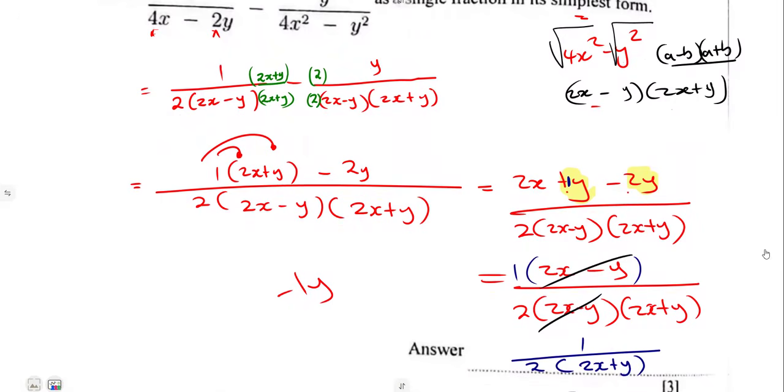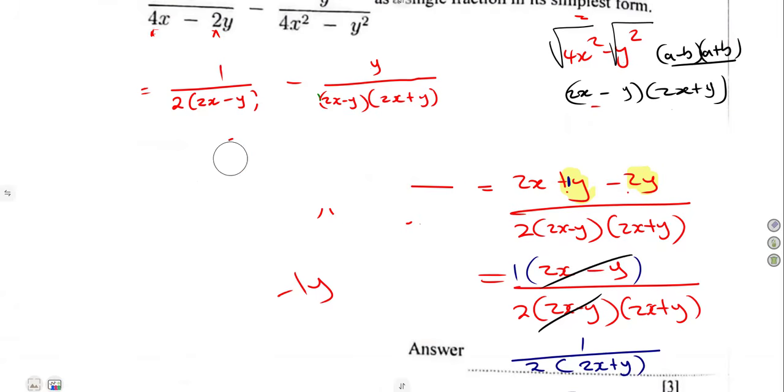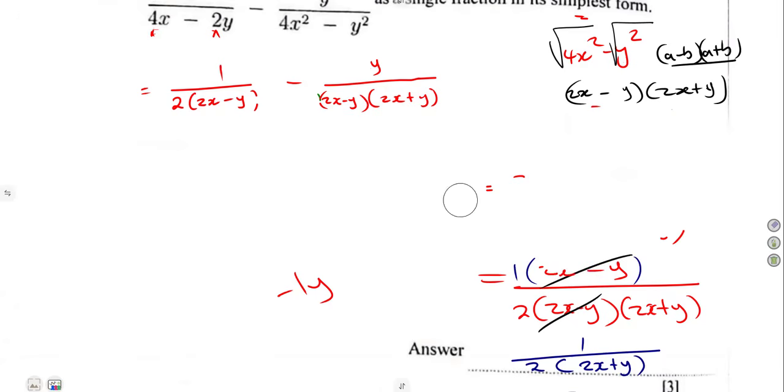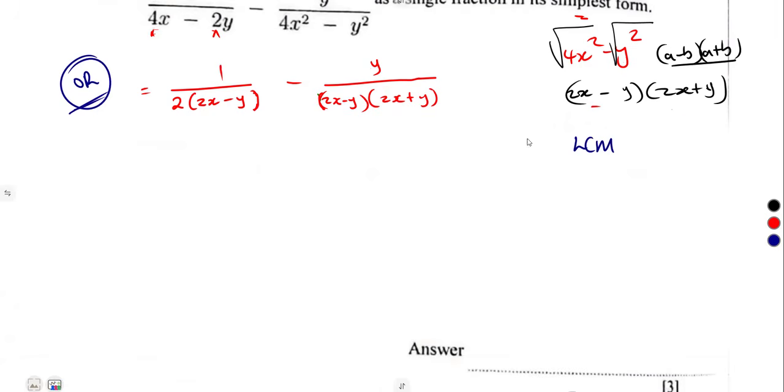So here, instead of doing this, there are so many ways, guys, of considering the addition and subtraction of these fractions. Another way, you could have just considered finding the LCM or the LCD of the given denominators. For the LCM, we have to take all the terms or the brackets.